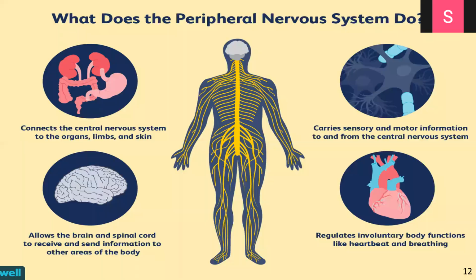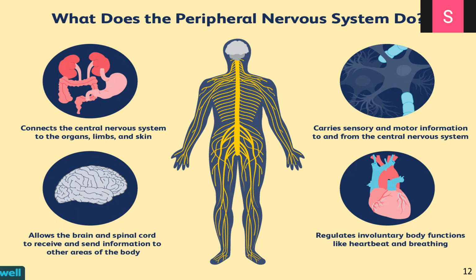Okay, this slide. I want to talk about the peripheral system, which is one of two components that make up the nervous system, with the other part being the central nervous system. The PNS consists of the nerves and ganglia outside the brain and spinal cord.